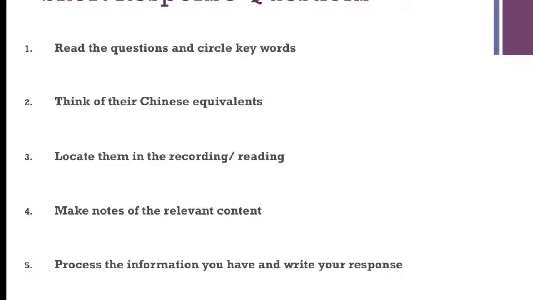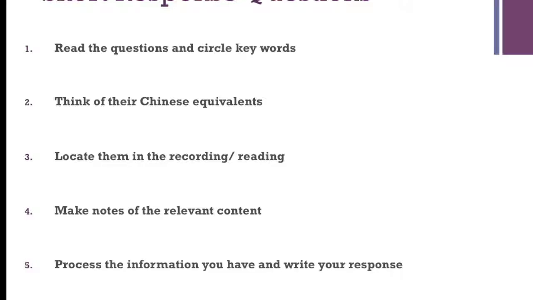Firstly, read the question and circle the keywords, including question words such as what, how, and which, verbs such as analyze, summarize, or look for, and pronouns and nouns such as he and male speaker.